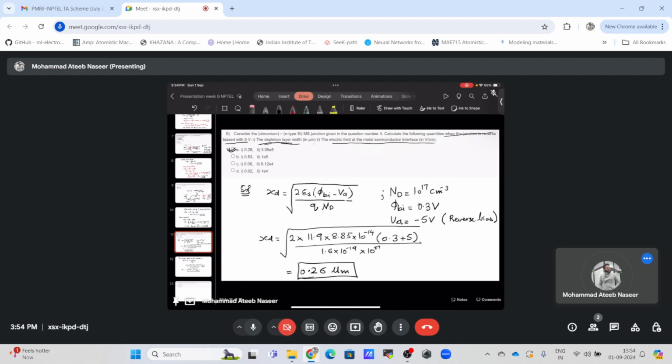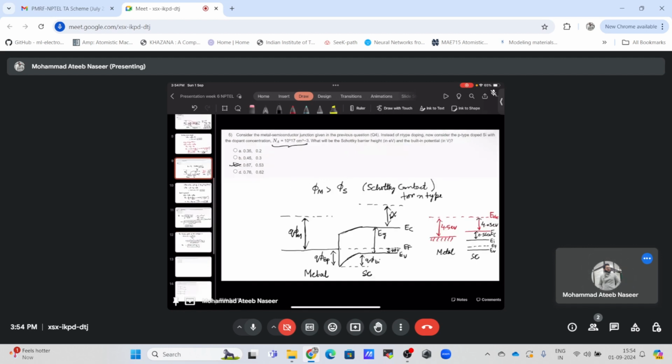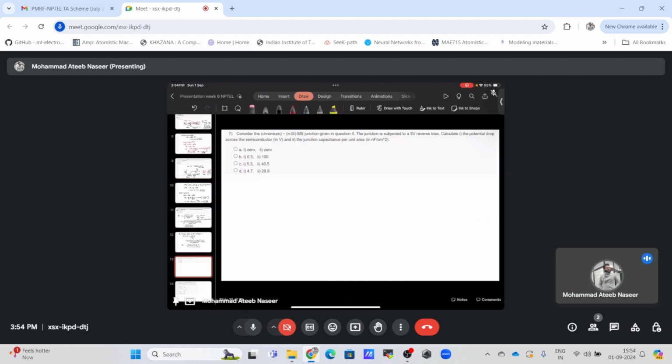Now moving to another problem, which says that we have to consider this metal, chromium. This chromium is coming again and again, so we have to be careful that we use the metal work function same as the previous case, which was 4.5 electron volts.